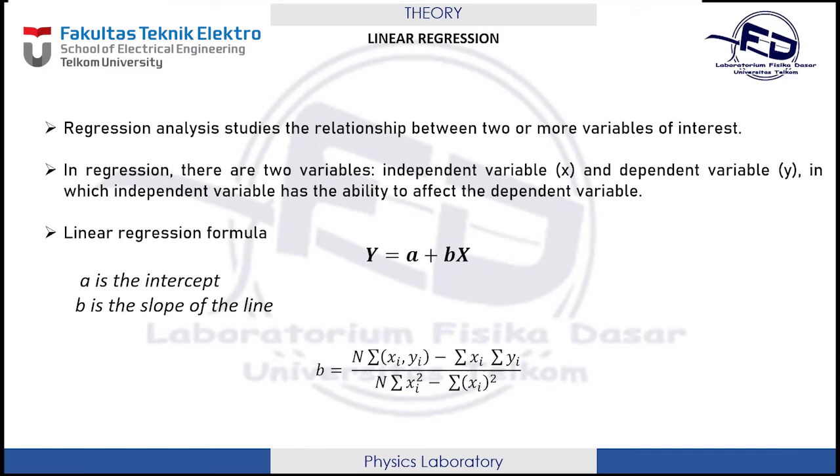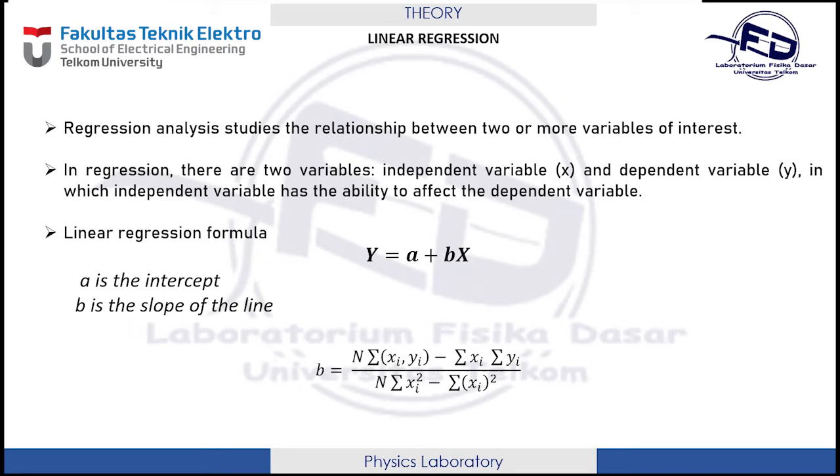In our modules, we are going to analyze the data using linear regression. Regression analysis studies the relationship between two or more variables of interest. In regression, there are two variables, independent variable and dependent variable, in which independent variable has the ability to affect the dependent variable.